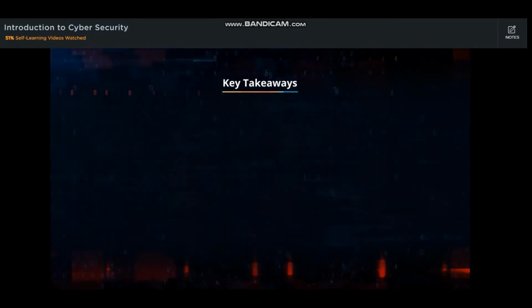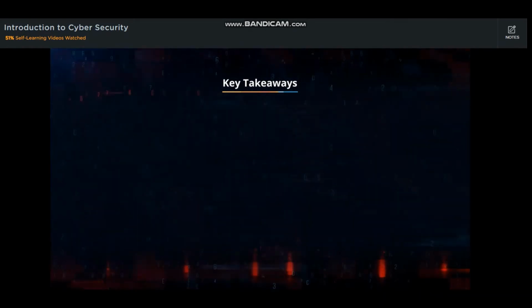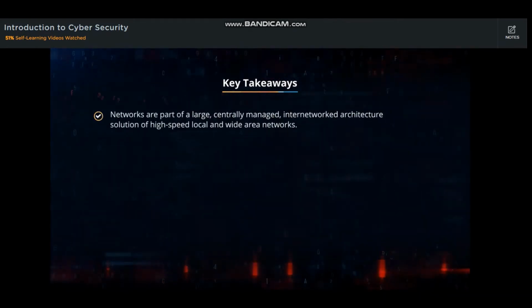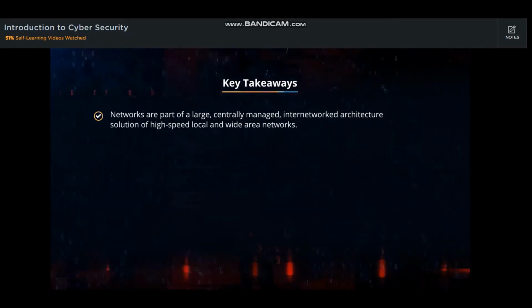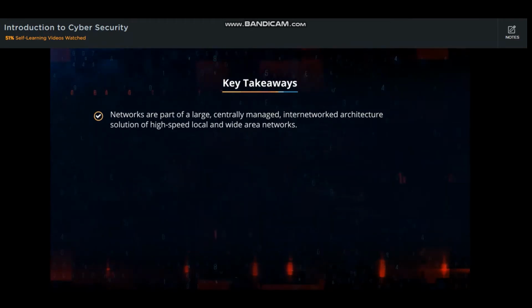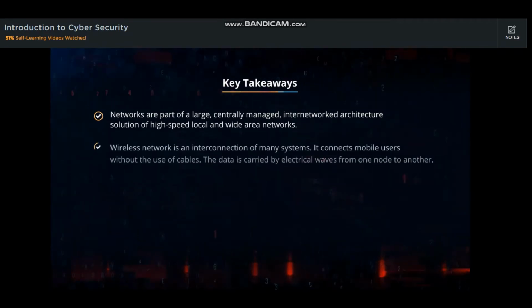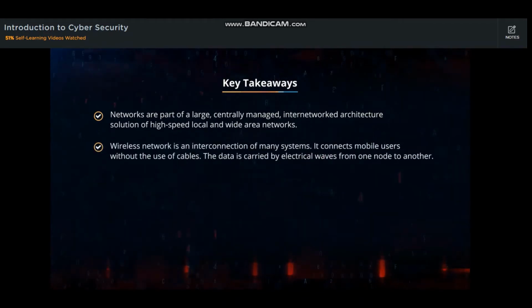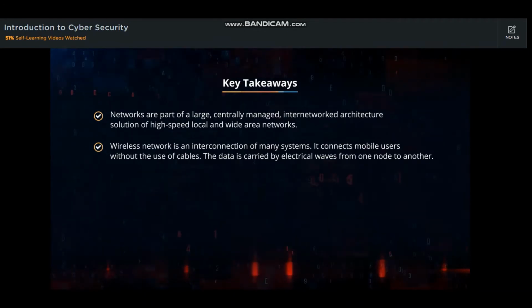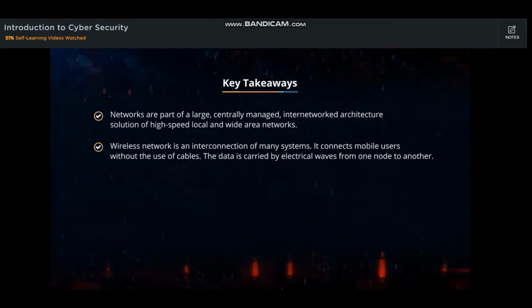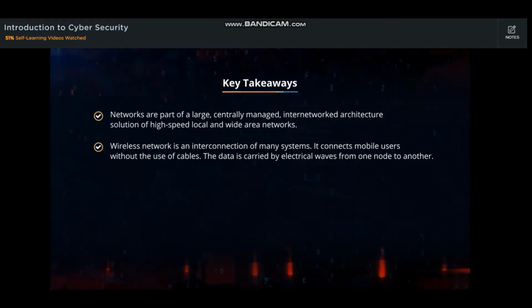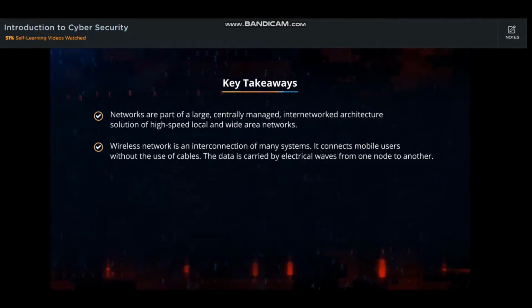Let us review some key points covered in this lesson. Networks are part of a large, centrally managed, inter-networked architecture solution of high-speed local and wide area networks. Wireless networks are an interconnection of many systems to mobile users without the use of physical cabling. The data is carried by electrical wave from one node to another.